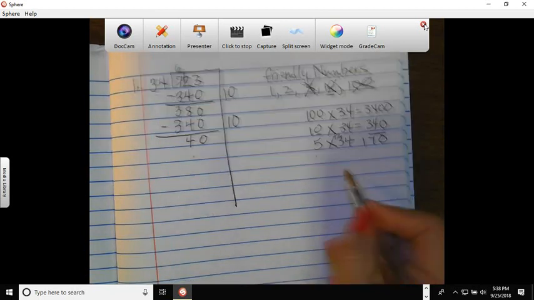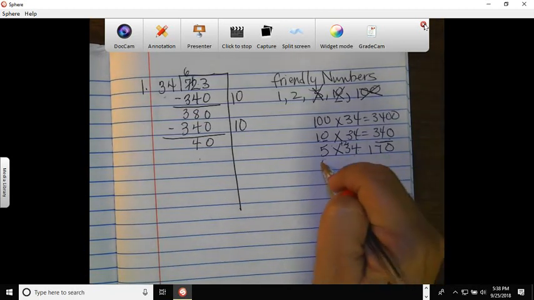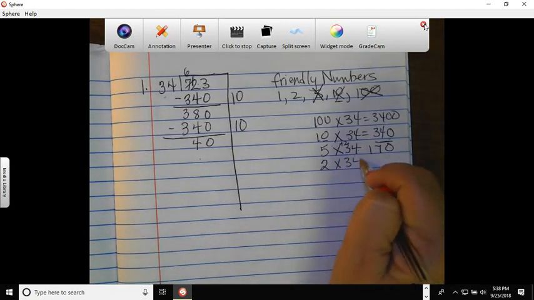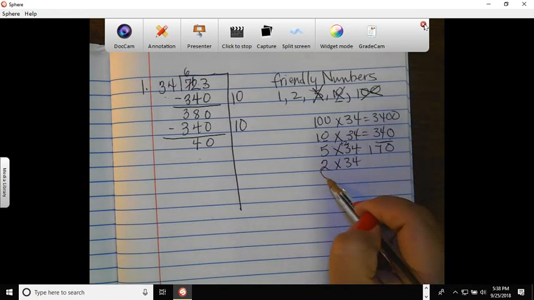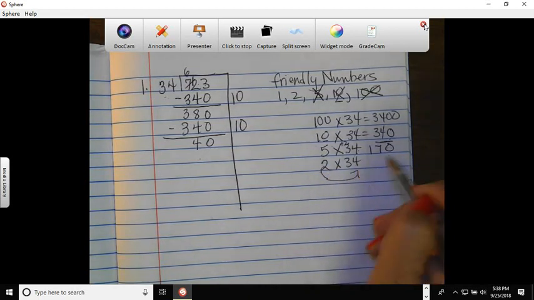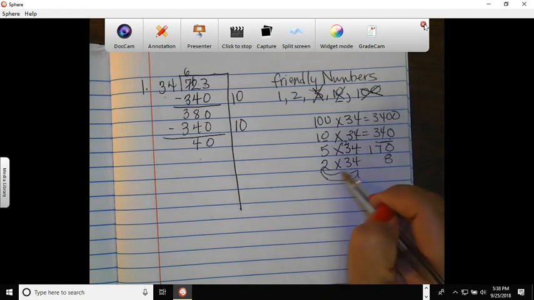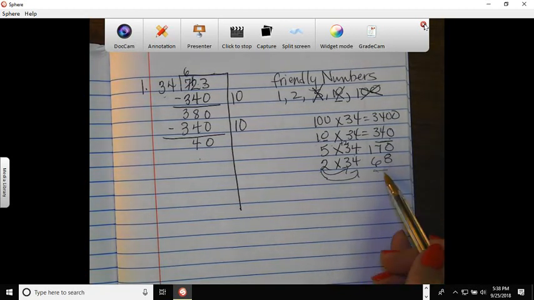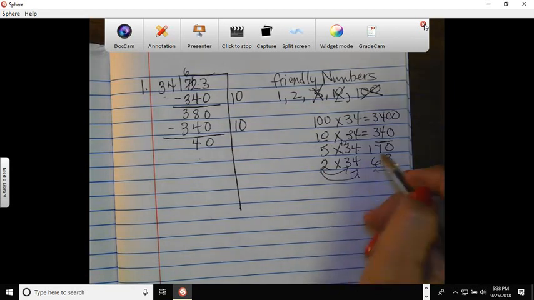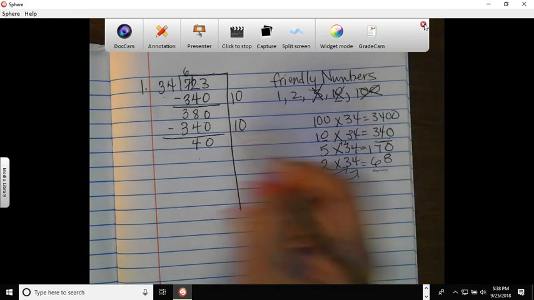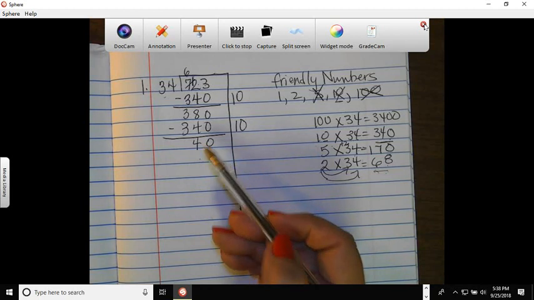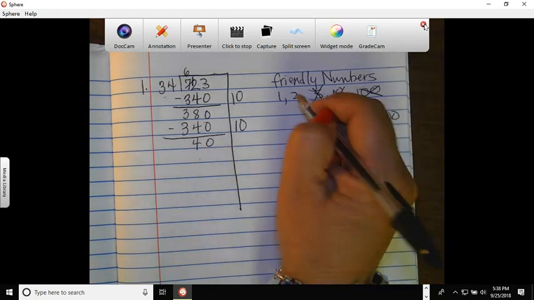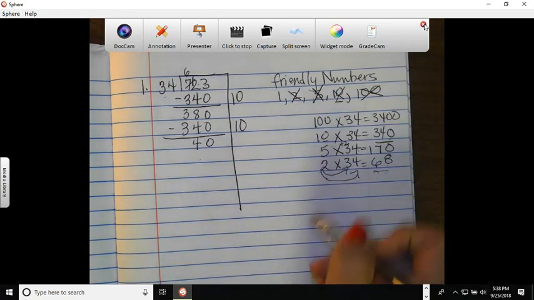If I double my 34s, 2 times 4 is 8, 2 times 3 is 6, that's 68. And remember, 34 plus 34 is also 68. The 68 here is greater than my dividend, which is 40, so that doesn't work.